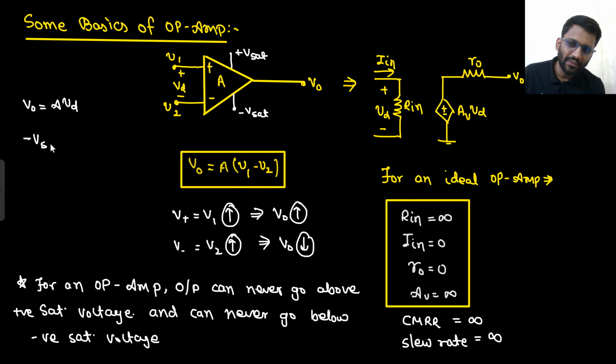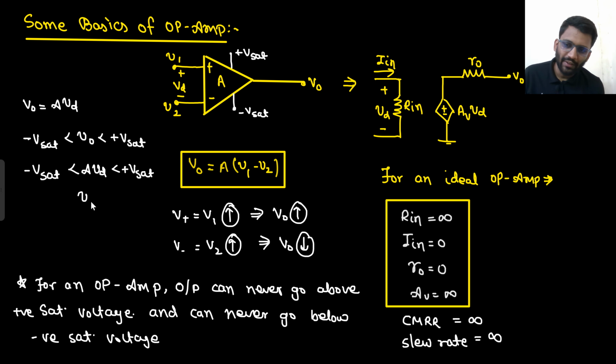It would be above minus Vsat and below plus Vsat. So your VD value will always be between minus Vsat by A to plus Vsat by A.